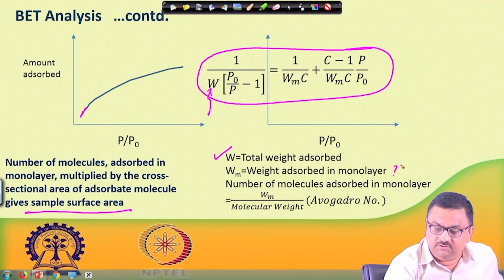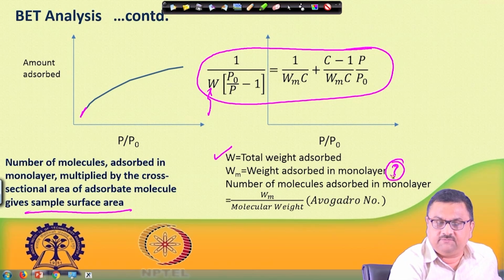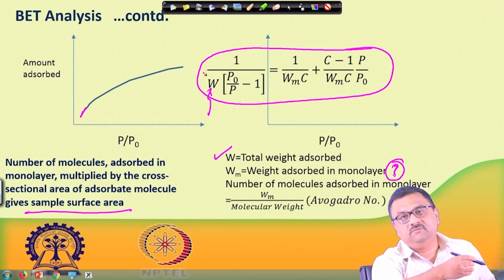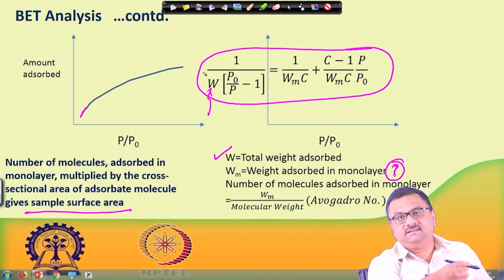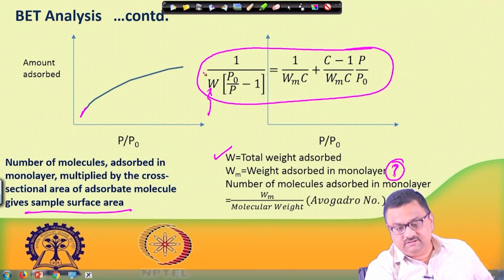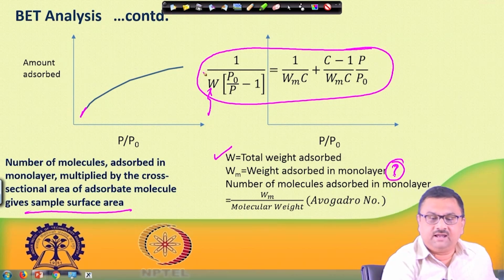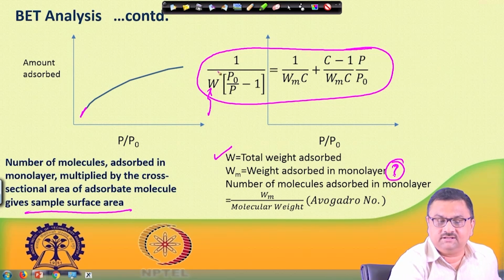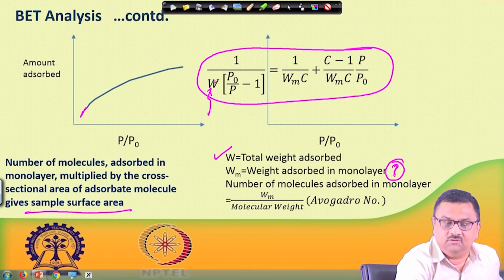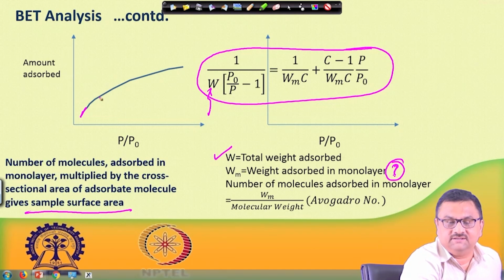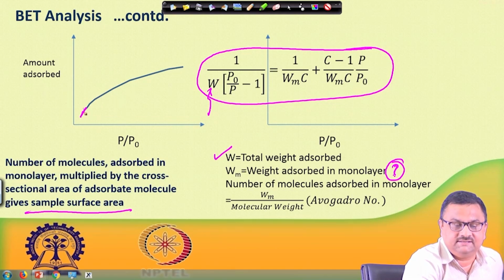Now, how to find out Wm? Wm can be found out by the equation that one has generated by considering that equilibrium, as I said just now: the number of molecules striking the surface and the number of molecules leaving through desorption at equilibrium are equal. So, that gives me this equation. Here W and P by P naught we already know, because the amount adsorbed is W and P by P naught. So, this is generated from the nitrogen adsorption.